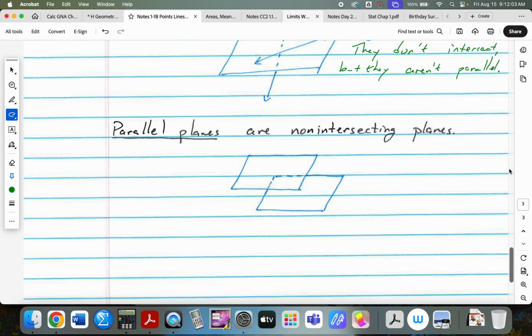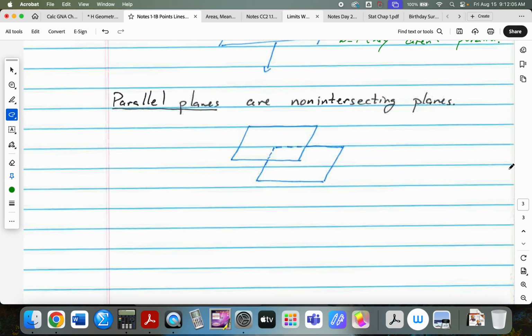And then parallel planes are non-intersecting planes. There's not great ways to draw those, just to be perfectly blunt with you. This kind of gets it across. Your book does a nice job with using different colors and stuff. When we're drawing them ourselves, it's a little bit harder.